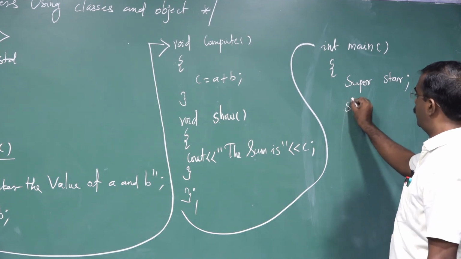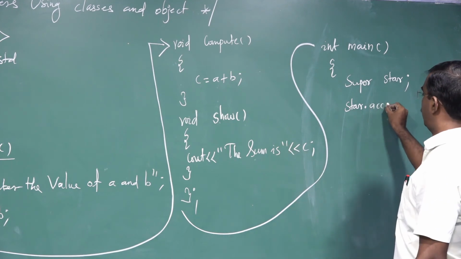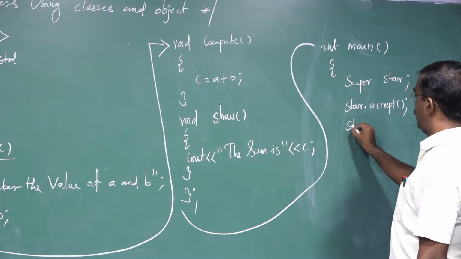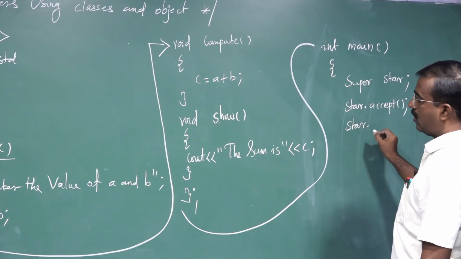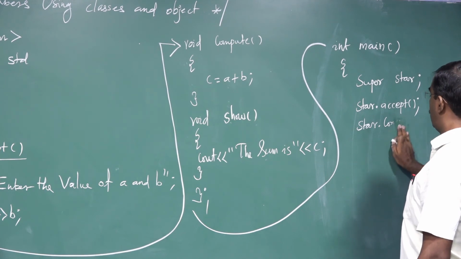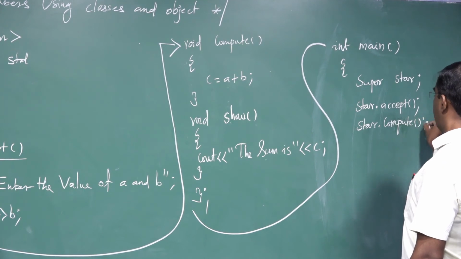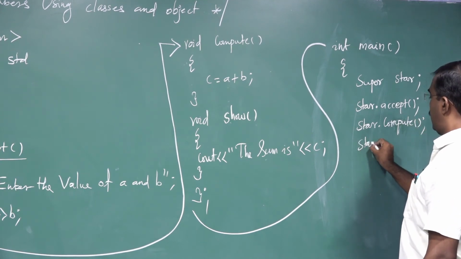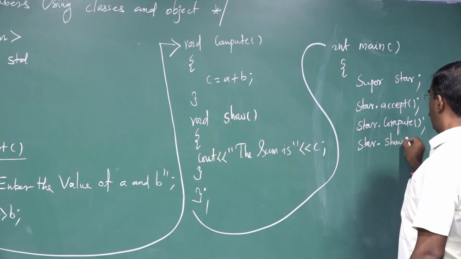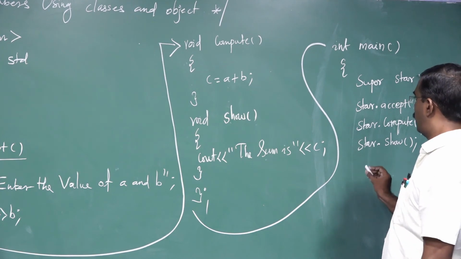Now star dot accept, terminated by semicolon. Again star dot compute. Again star dot show, open and close.